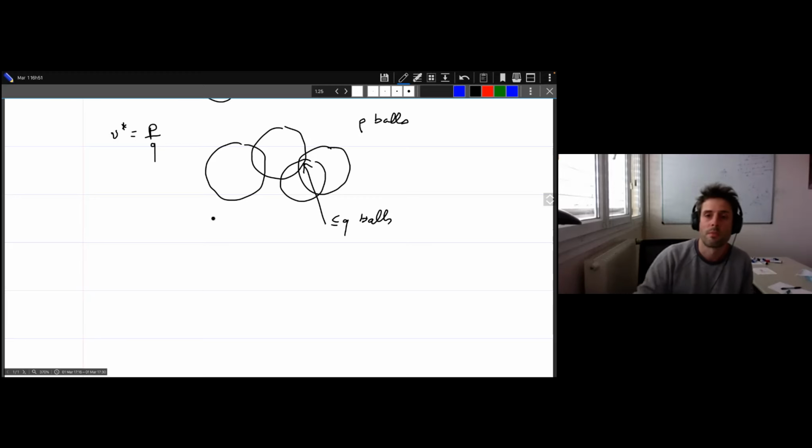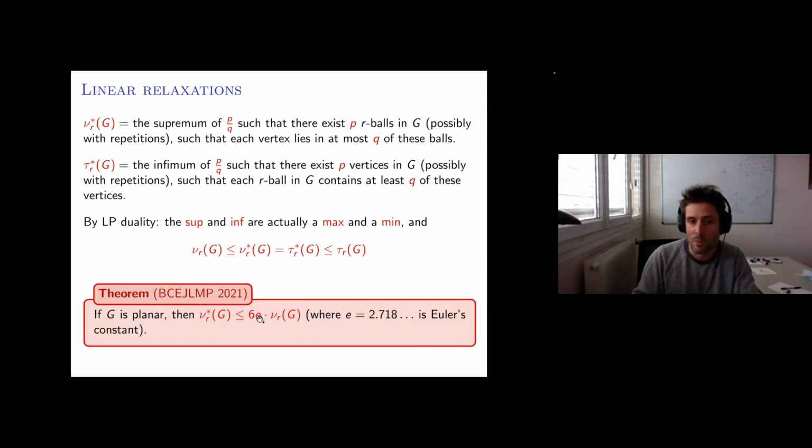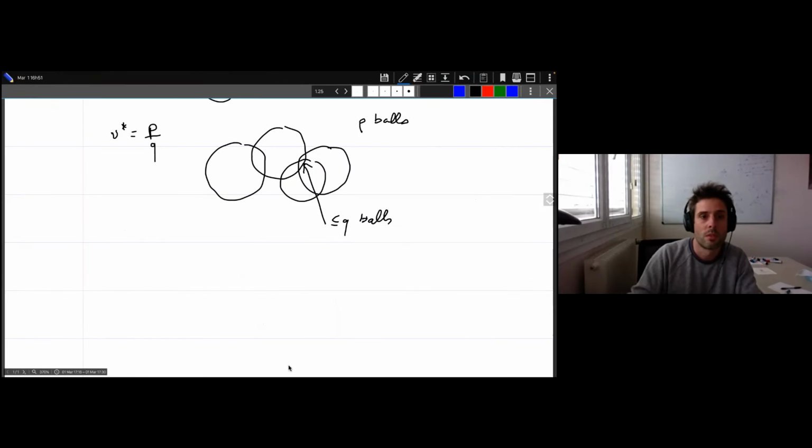This is the definition. So what we want to do is prove that the packing is large compared to nu star. Again, we want to prove that nu star is at most 6e nu. The goal is nu star is at most 6e nu.